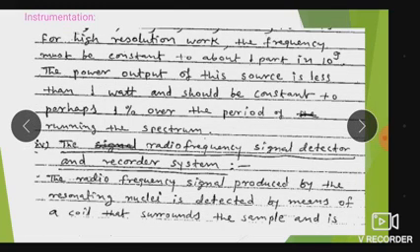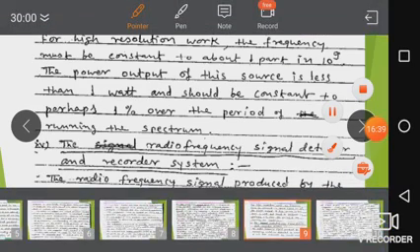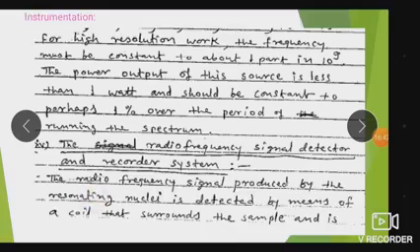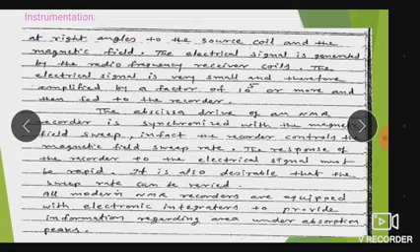The radio frequency signal detector and recorder system. The radio frequency signal produced by the resonating nuclei is detected by means of a coil that surrounds the sample and is at right angles to the source coil and the magnetic field.